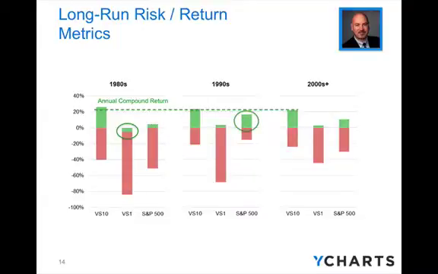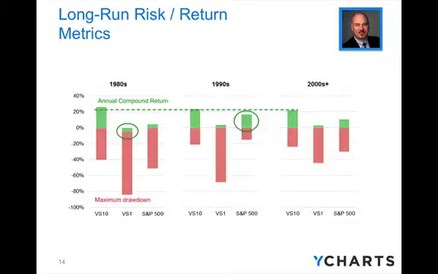The S&P 500 returned nearly as well as the VS10 group did in the 1990s, but of course the 1990s ended on a high note, and the tech bust in the 2000s took a lot of those gains away, whereas the VS10 group was consistent every decade.